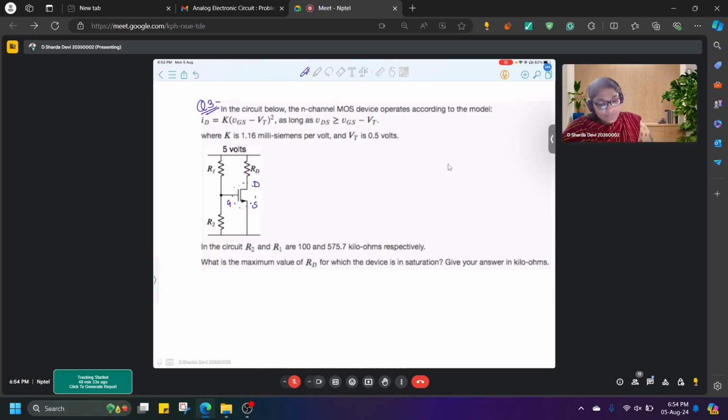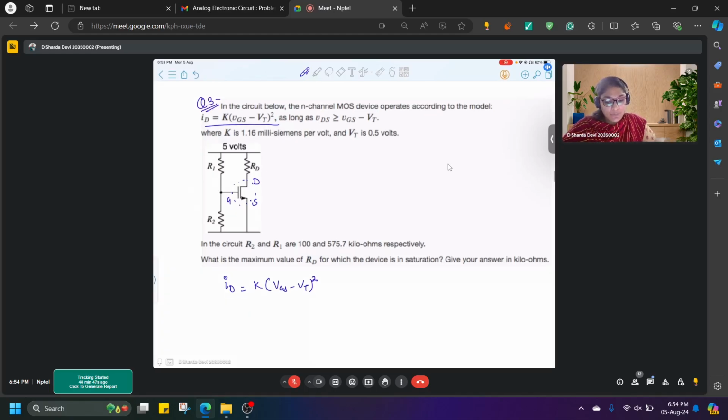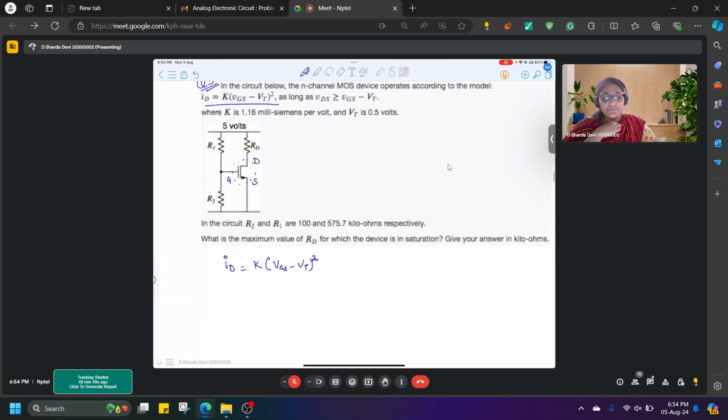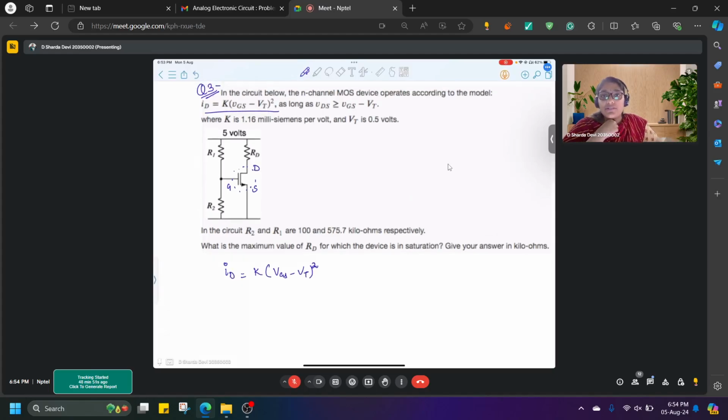Now here, again the current formula is given, ID equal to K (VGS minus VT) whole square. By looking at the current formula, what is the MOSFET operating region? Saturation region. So this is again a saturation.